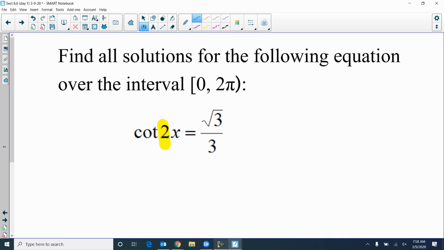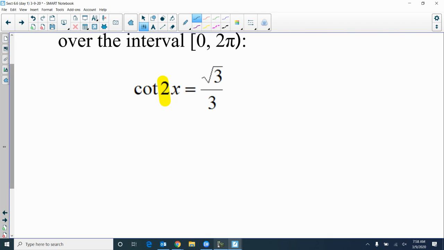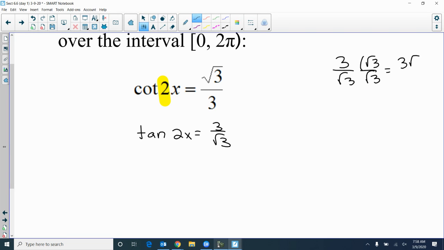Before I do anything, I don't want to work with cotangent. Make this tangent of 2x equals 3 over radical 3. What do we get when we rationalize that denominator? Okay, so just be careful there. So 3 over square root of 3. You get 3 square root of 3 over 3, but in the end, it just reduces to square root of 3.